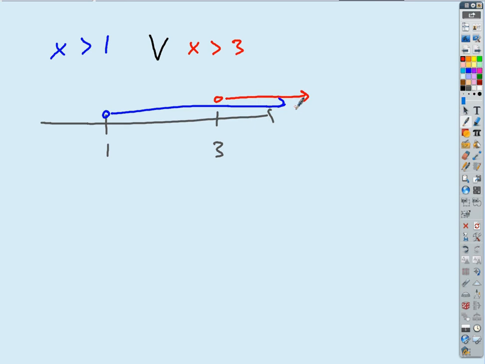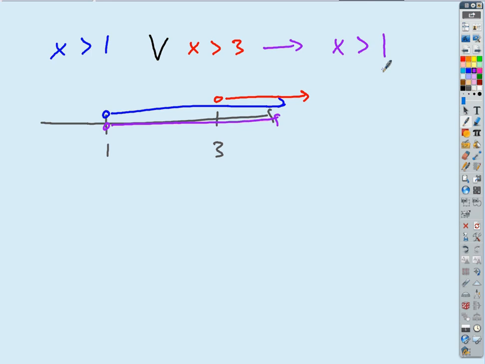Well, an or statement is true, do both have to be true or just one? Just one. So what's the easiest way to say all of the places on either one of those two graphs, blue or red, would just be that, wouldn't it? Everybody get that? So I could simplify that by just saying x is greater than 1.